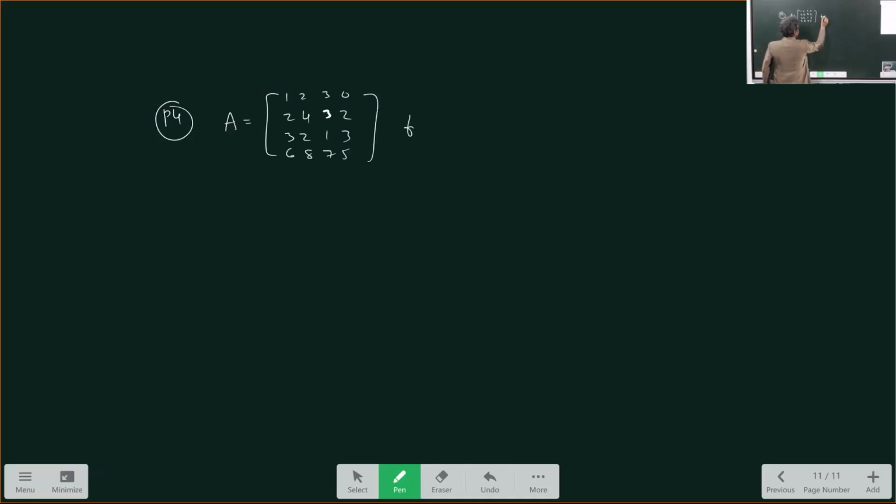Find the rank by reducing into row echelon form.